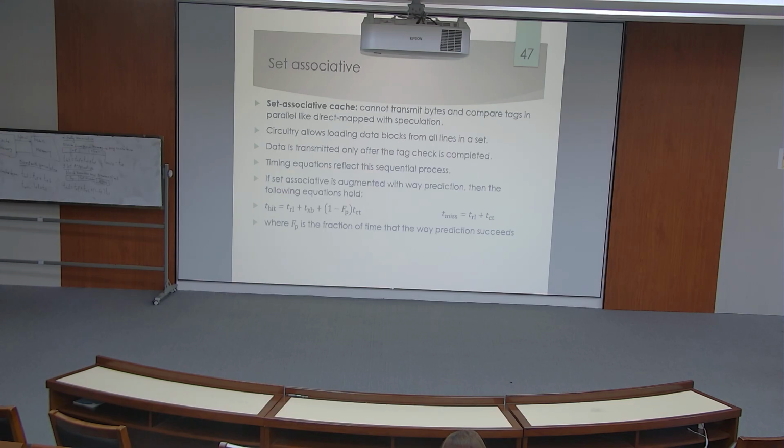Then we have fp equals to 1. If fp equals to 1, we have the hit time, which is equal to the time that the system spent on reading the data plus the time that the system spent on transmitting the data, which is the hit time for direct map with speculation.